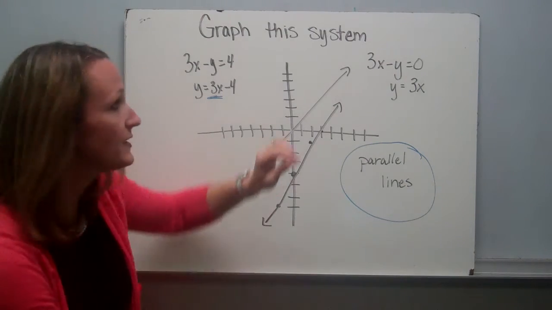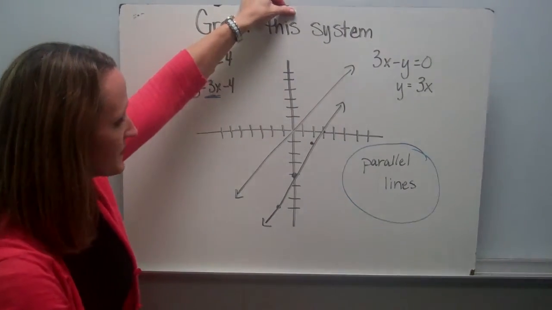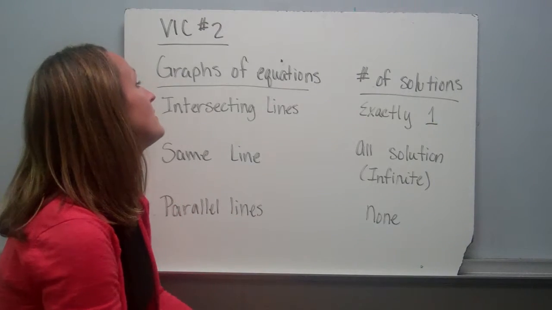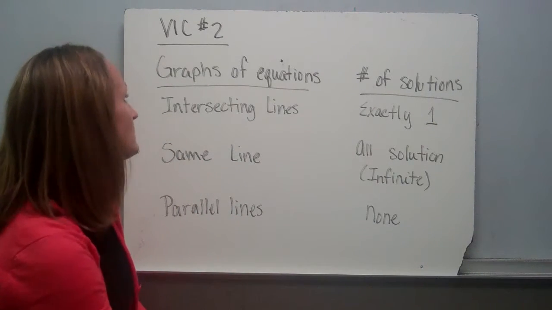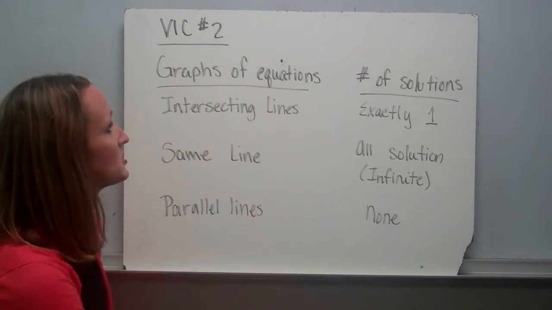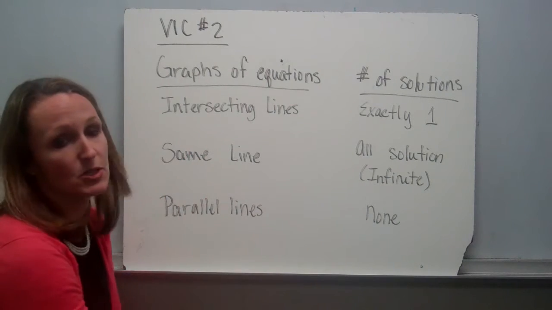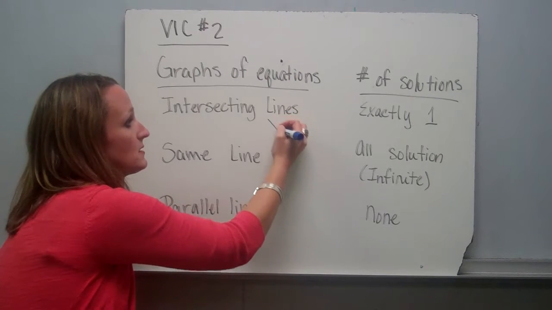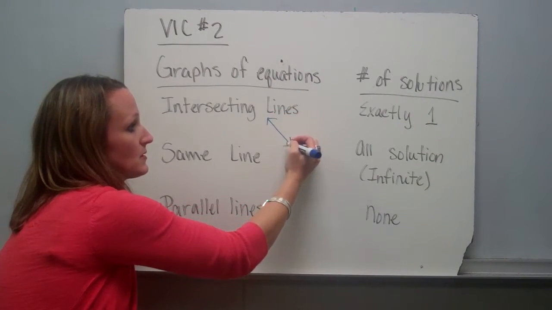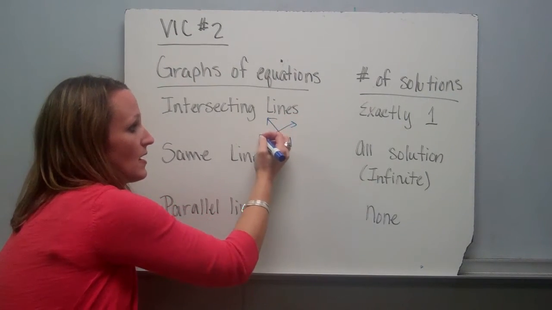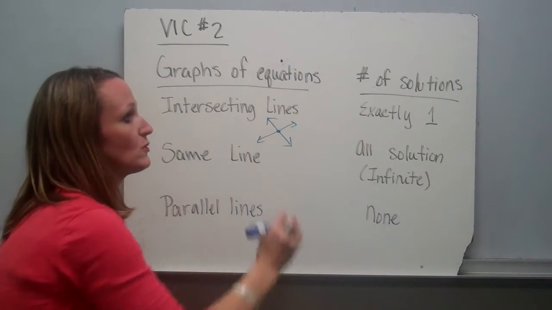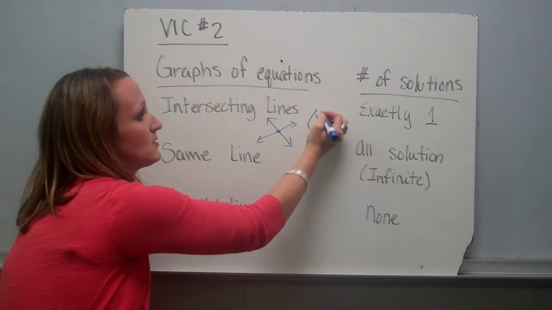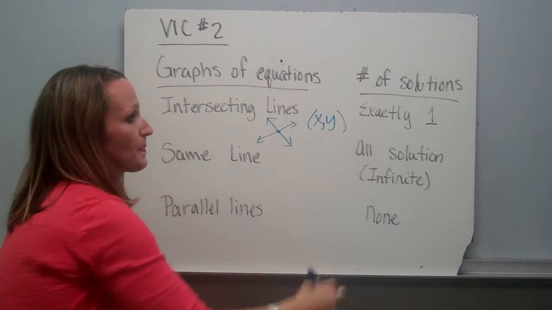Okay, so before we're finished, let's look at what we should know. Very important concept number 2: graphs of lines and number of solutions. If your two lines intersect, you should have exactly one solution. They're going to cross somewhere, and that point is your one solution, and it will be written as an ordered pair, x, y.